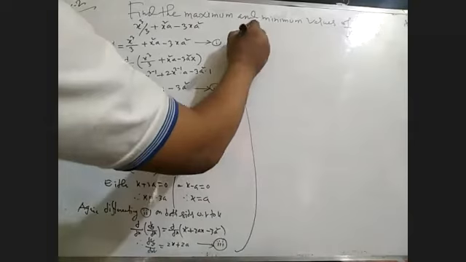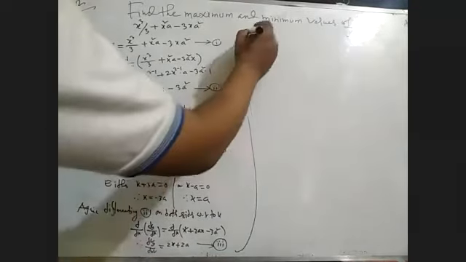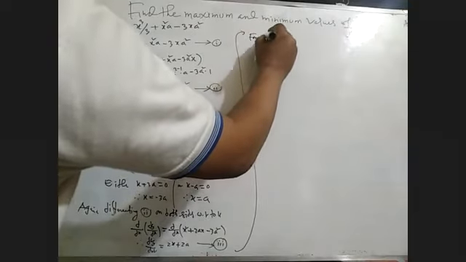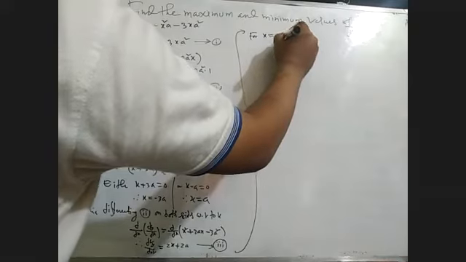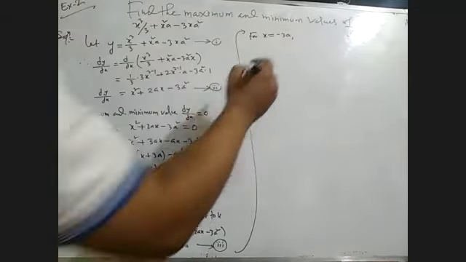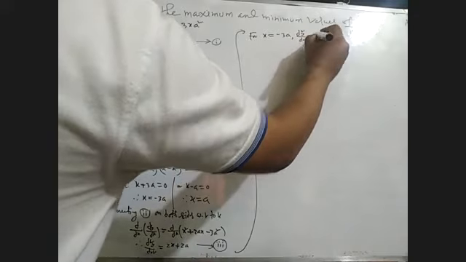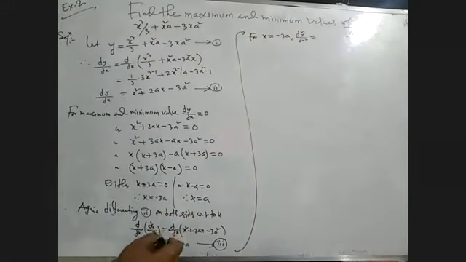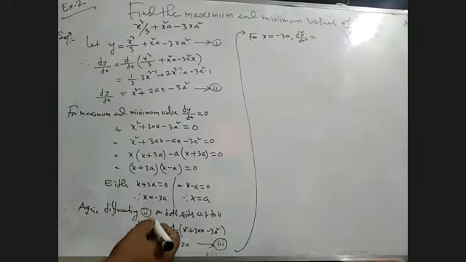Now another part starting from here. For x equals to minus thrice a, we are testing the value of d square y by dx square, to see at which point we get maximum or minimum values.